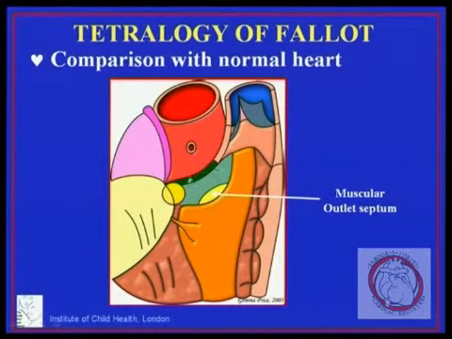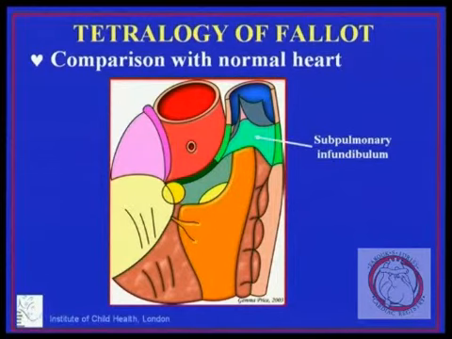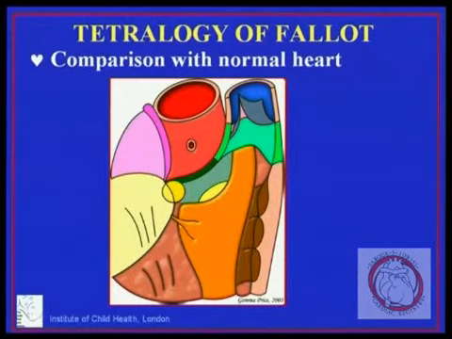So it is these two components together that we call supraventricular crest, and that supraventricular crest then supports the freestanding muscular subpulmonary infundibulum.